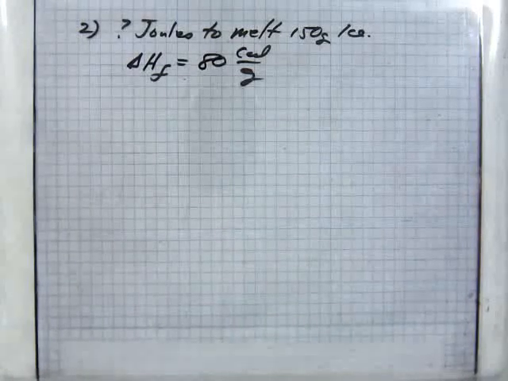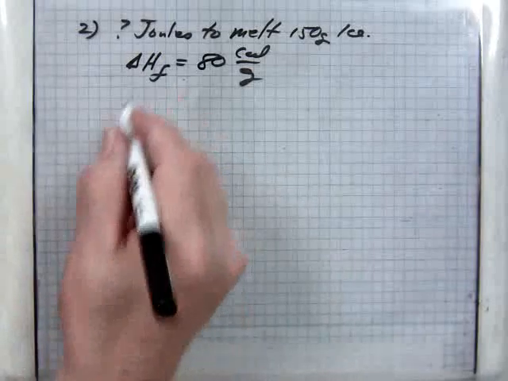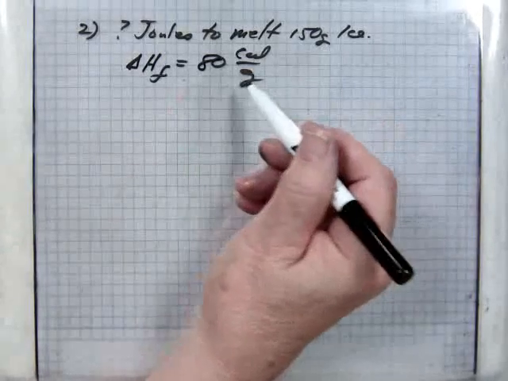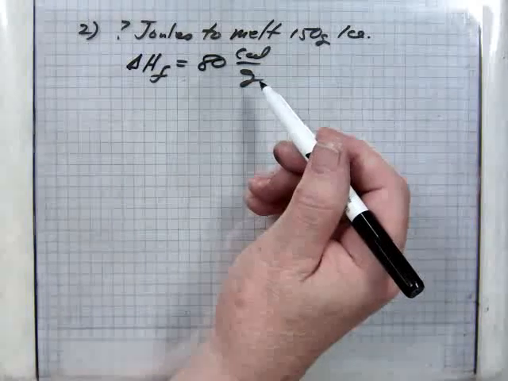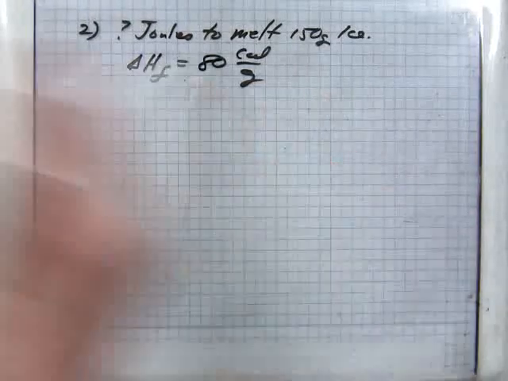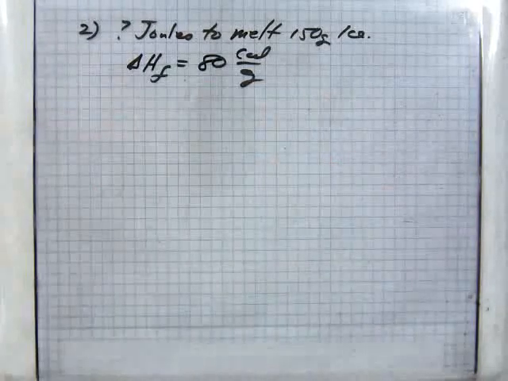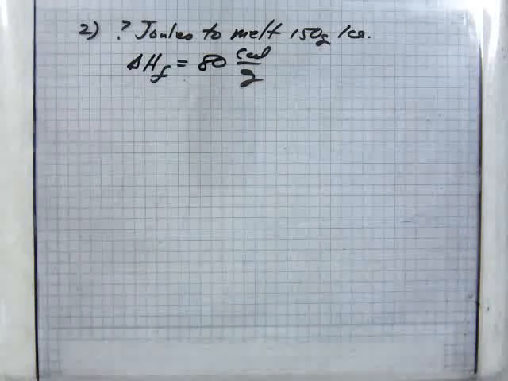So we'll melt 150 grams of ice, I guess is what it was. Now, since we're in a phase change, two phases are in contact, there's no temperature change. All the energy goes into kinetic energy, but you don't see that transferred into temperature.